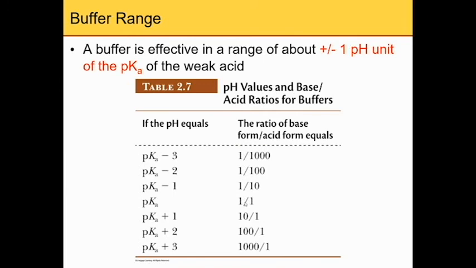So if it's a 10 times ratio, say the base over the acid, so the acid is 10 times more than the base, the pH will change 1, all right? And if the base is 10 times more than the acid, then the pH also changes 1. So this is just to show you the buffer capacity. Do you understand this concept?